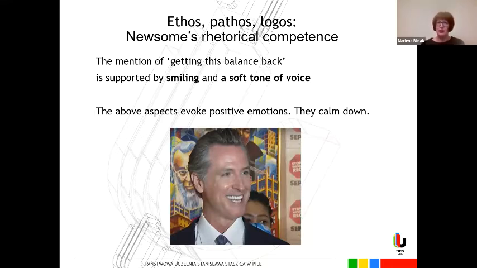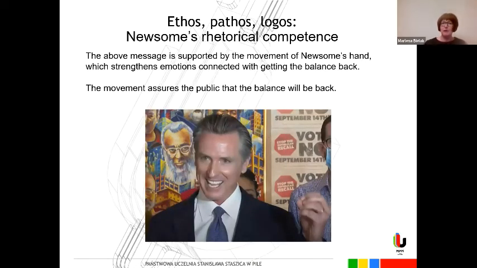The above aspects evoke positive emotions, and they calm down. The message is supported by the movement of Newsom's hand, which strengthens emotions connected with getting the balance back. The movement assures the public that the balance will be back.